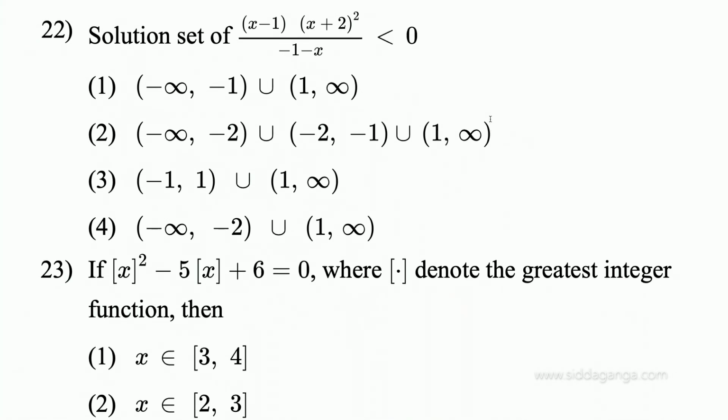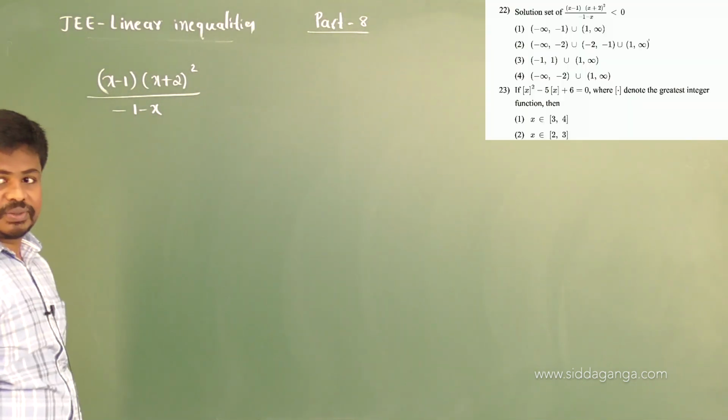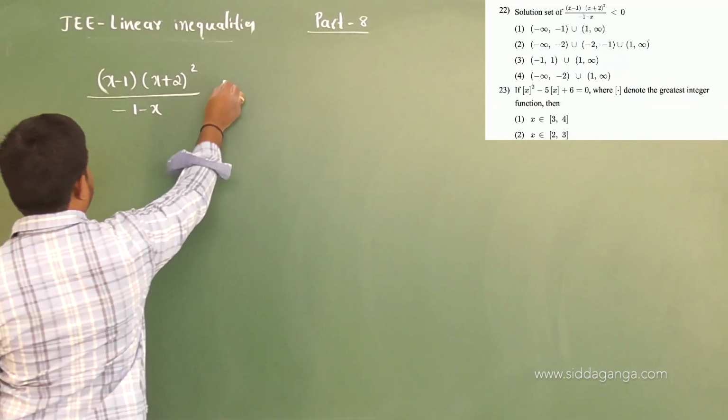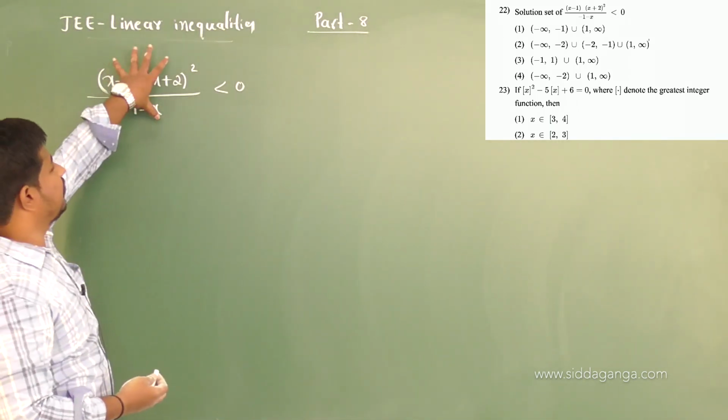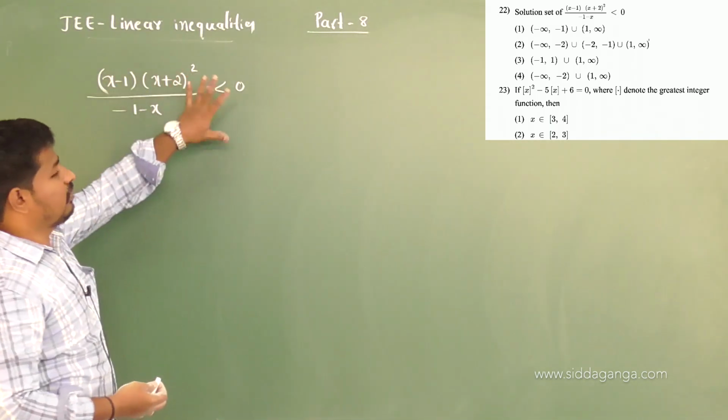22, the solution set of x minus 1 into x plus 2 whole square divided by minus 1 minus x, which is less than 0. This whole thing is negative for what x?